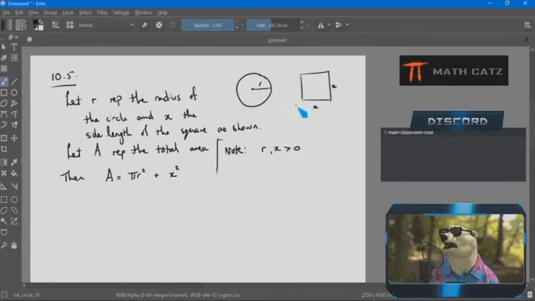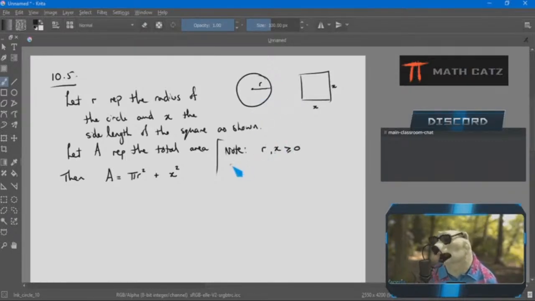And because that's not excluded in the wording of the question, it doesn't say I need to have both, I'm going to put an equal sign here in this case, because I could have a 0 radius, meaning that the circle portion of the garden is non-existent, and I just have a square. Or I can have x be 0, and then I just have a circle. And those are sort of the extreme cases.